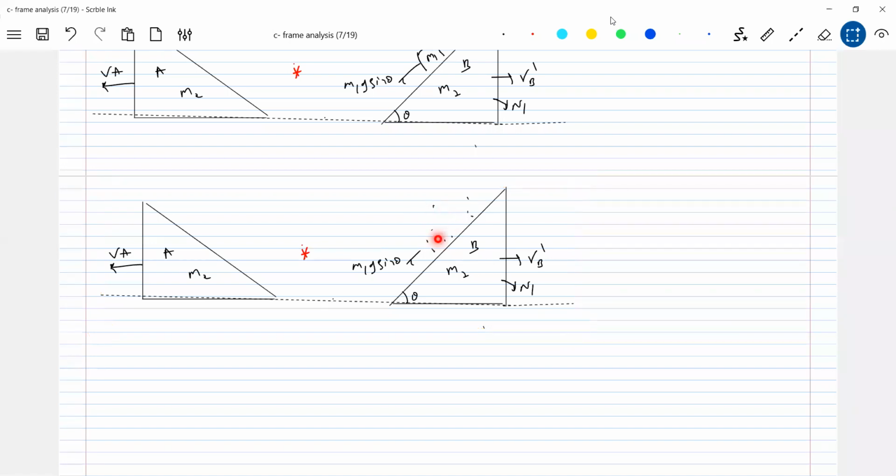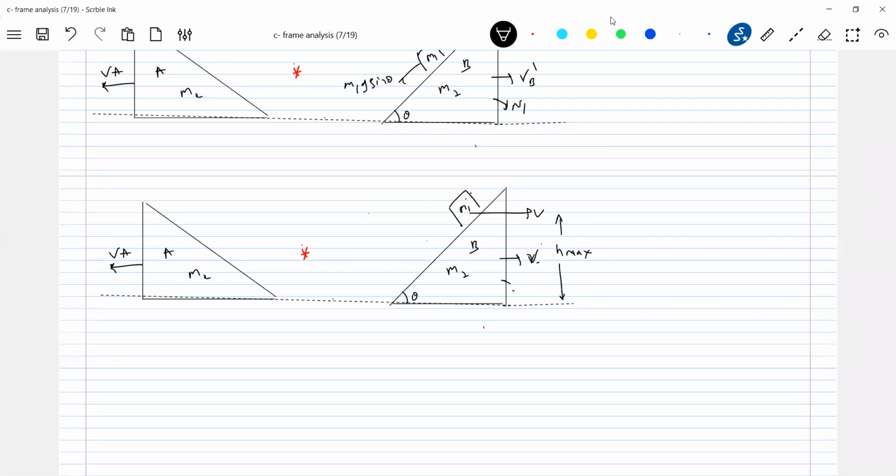And both will have a common velocity. So, with respect to the ground, it is like this, and it has ascended some height. I'll call it H max.